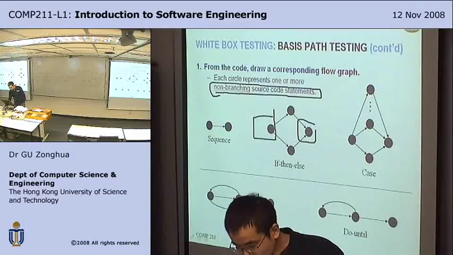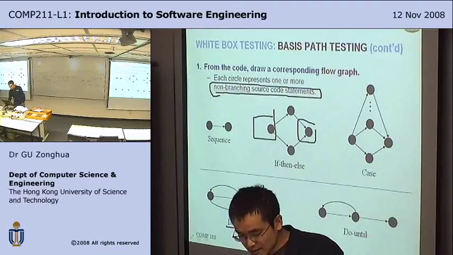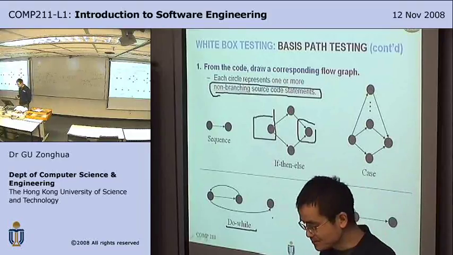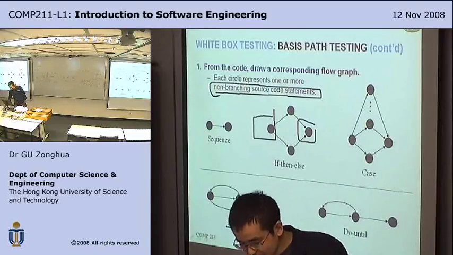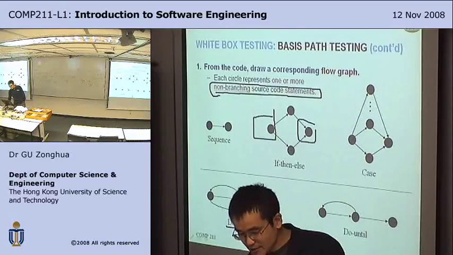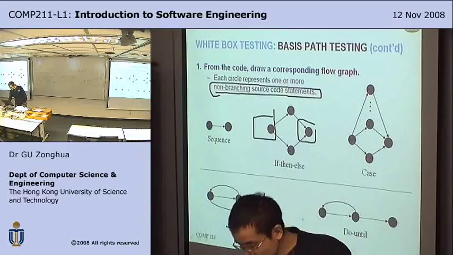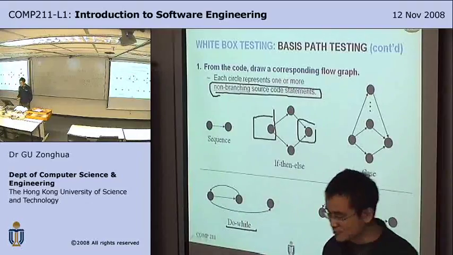And do while, do until. Do while is do something while a condition is true. So you may jump directly to the end if the condition is false in the beginning. But do until is do something until something becomes true, then you stop.